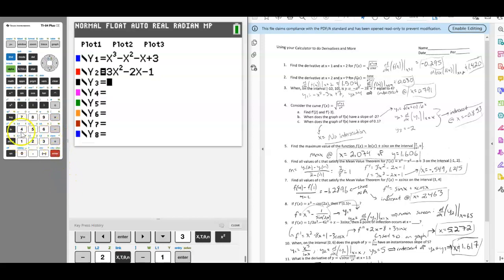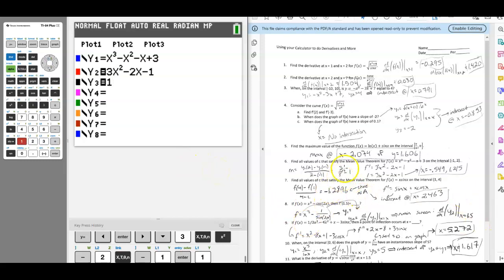And then I'm going to hit enter. And then I'm going to type in 1. And what I have is the right side of this equation right here is this, and the left side of the equation is the 1. So I'm going to use my calculator to find the intersect of those two. And that'll be my solution.